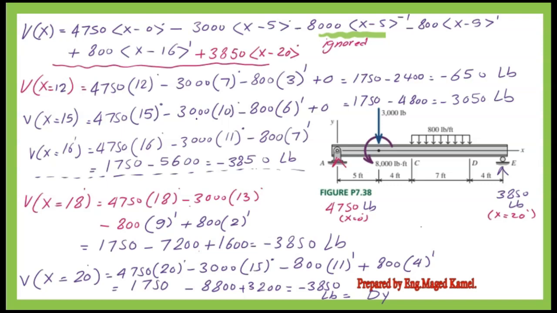For V of x equal to 15, we have 4,750 multiplied by 15 raised to the power of 0, minus 3,000 multiplied by 10 to the power of 0, minus 800 multiplied by 6 raised to the power of 1, equals minus 3,050 pounds.